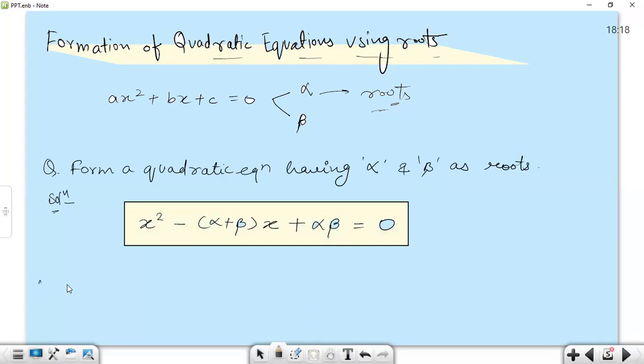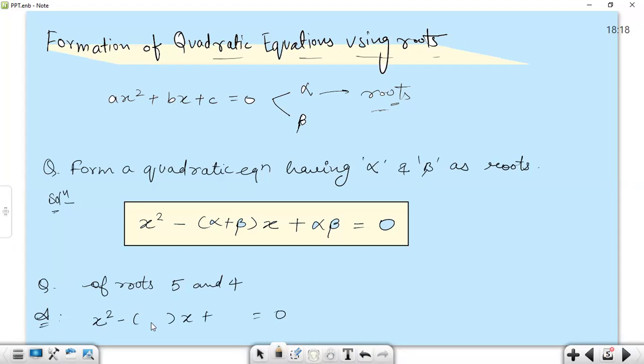Okay, now let's discuss a question. If we have to form a quadratic equation with roots 5 and 4, now you tell me the answer, Anish, what will be its quadratic equation? What should I write here?